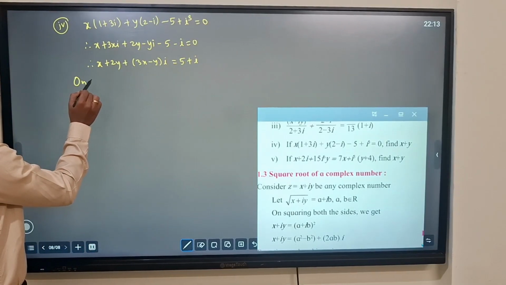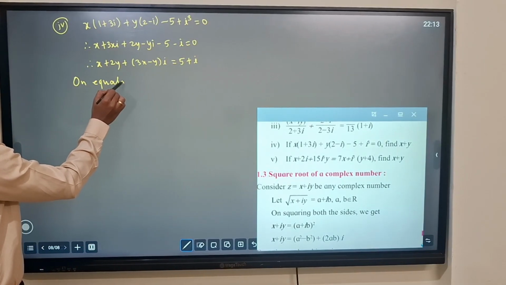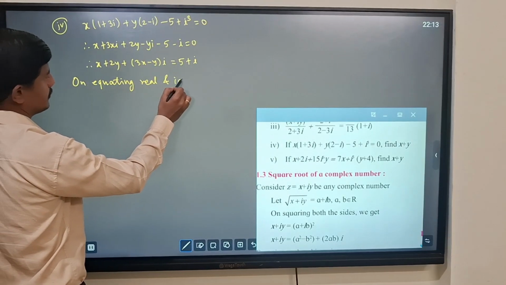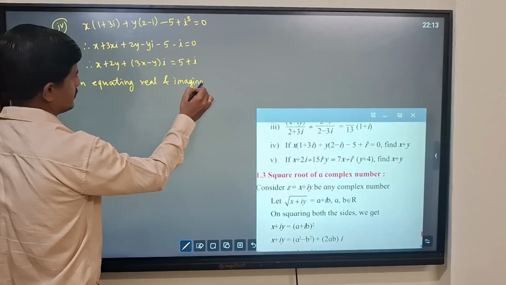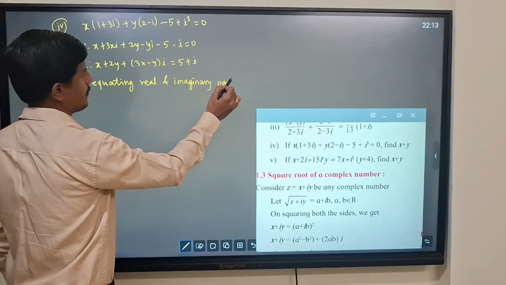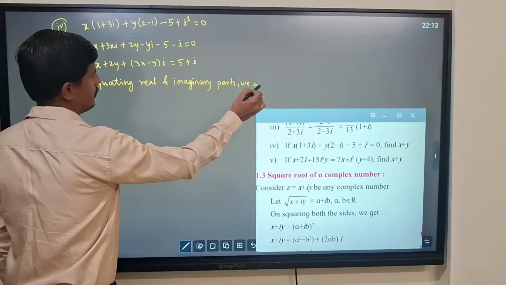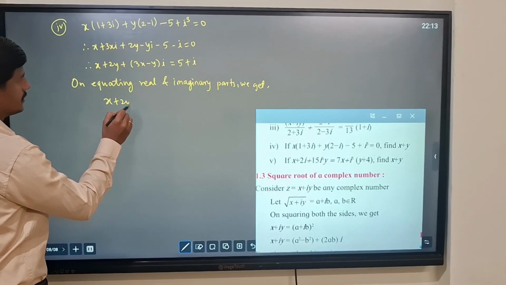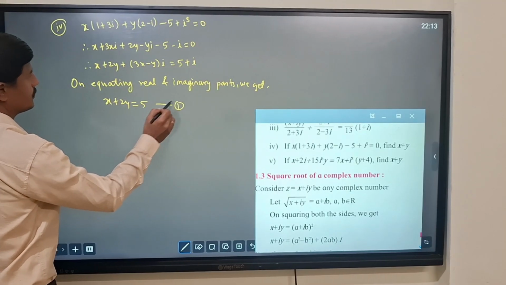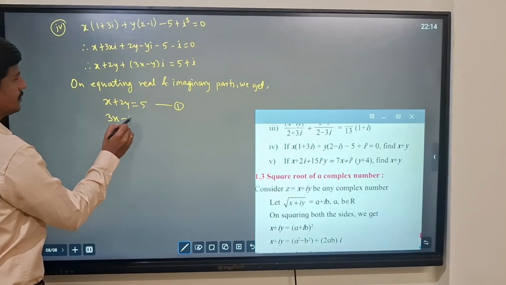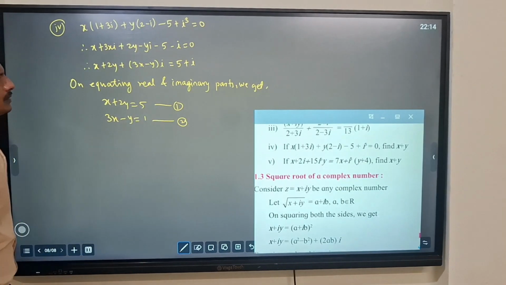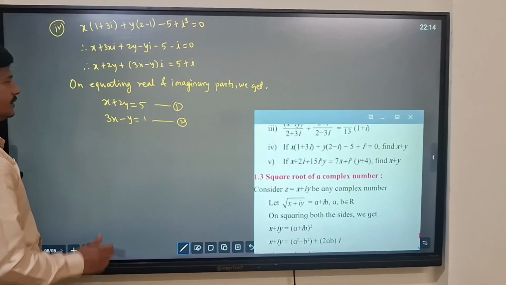Now on equating real and imaginary parts, we get x plus 2y equal to 5 and 3x minus y equal to 1. Okay.